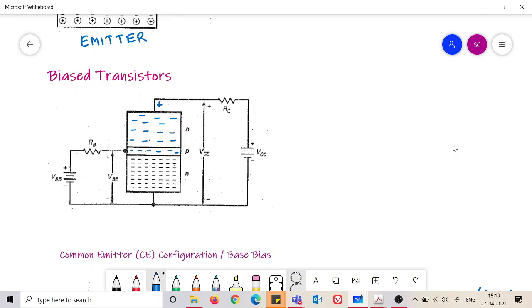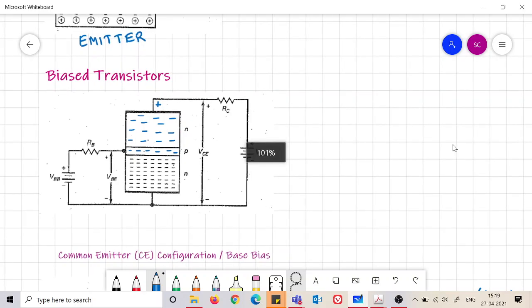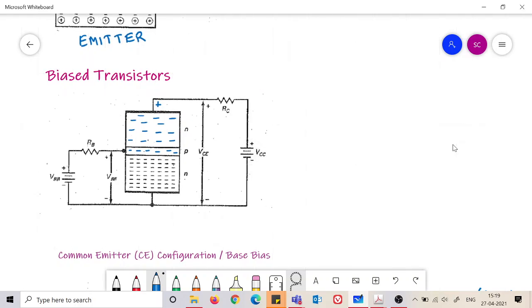If the collector base junction was forward biased, then these electrons would not experience the pull in this direction. So the circuit for these electrons, the circuit through the transistor, would not be complete. Yes, this circuit is complete, but this circuit would not be complete if this was not a positive potential or the collector base is not reverse biased. Then this circuit would not be complete.